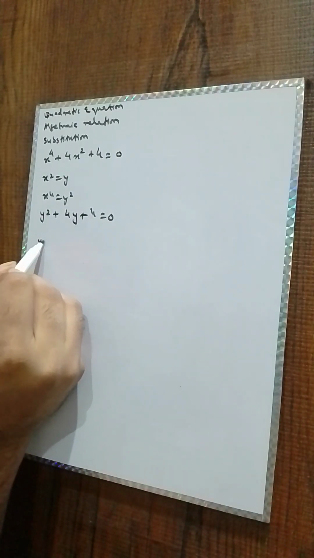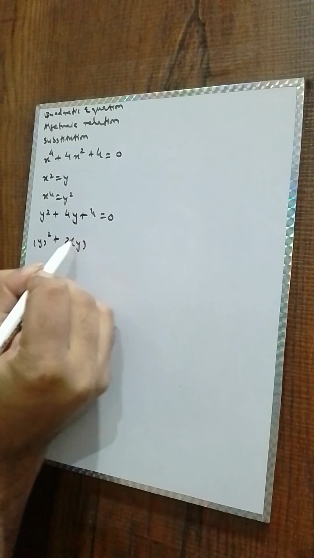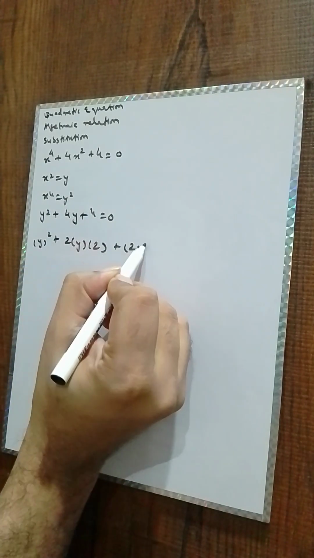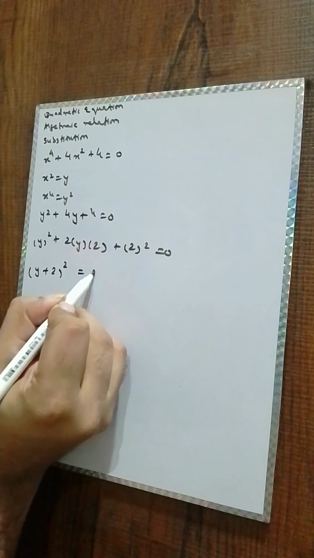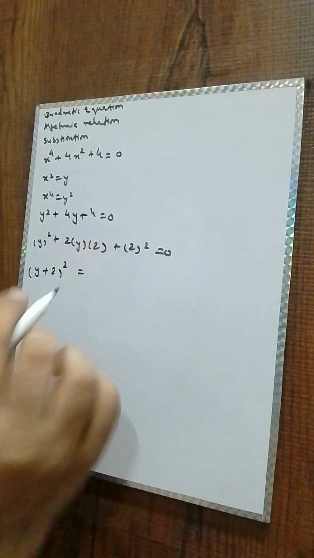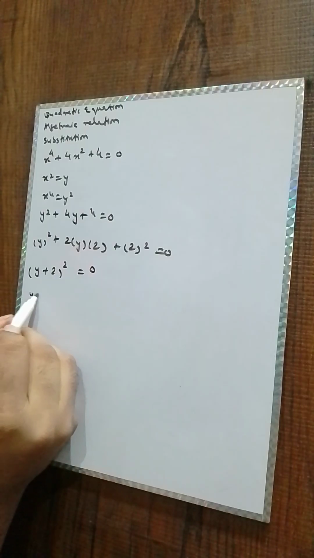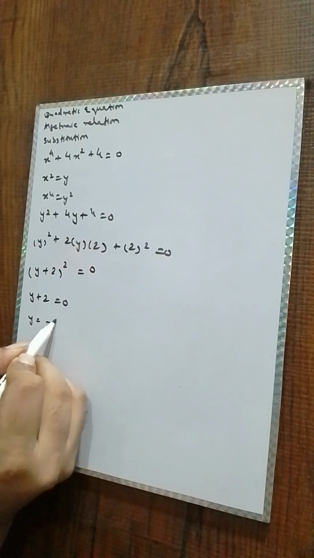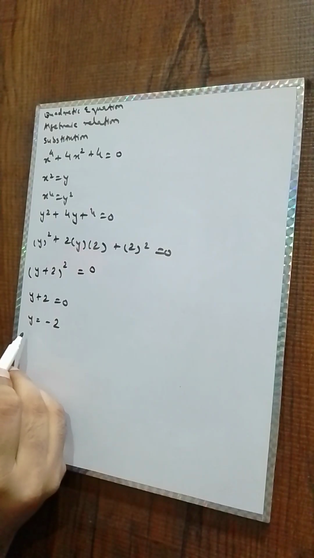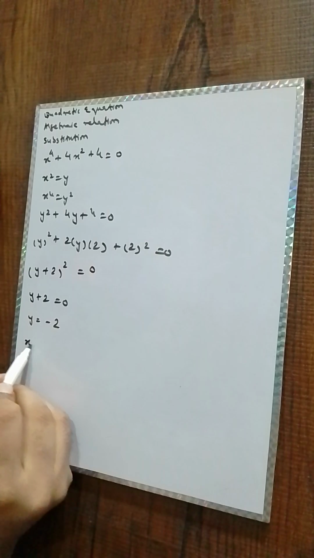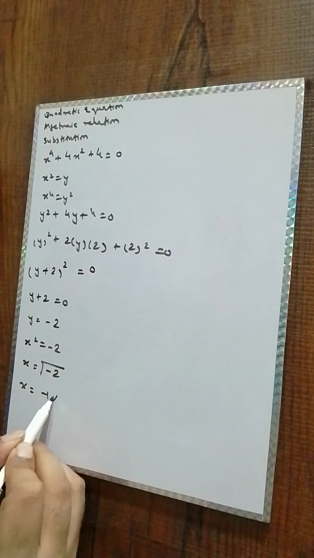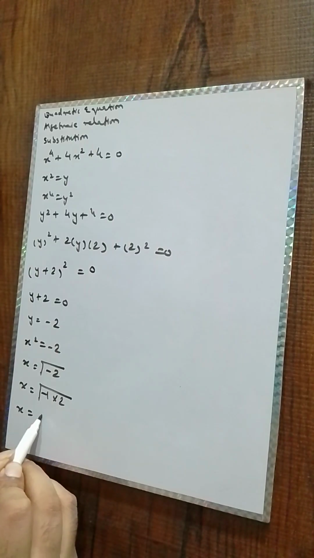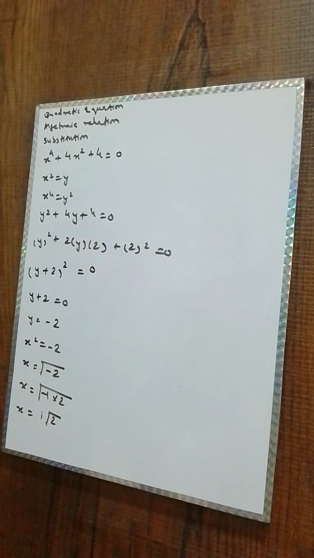Now we solve this one, and it says y whole square plus 2 into y into 2 plus 2 whole square is equal to 0, which says y plus 2 whole square is equal to 0. That's the form. And y plus 2 is equal to 0, which means y is equal to minus 2. And y now, we know that it's equal to x squared. So x squared is equal to minus 2, and x is equal to root of minus 2. And x is equal to root of minus 1 into 2. And x is equal to iota under the root 2. So this is the solution with the substitution.